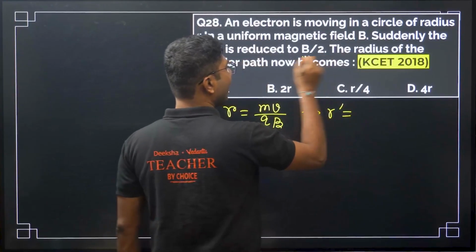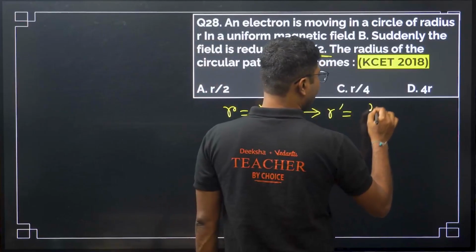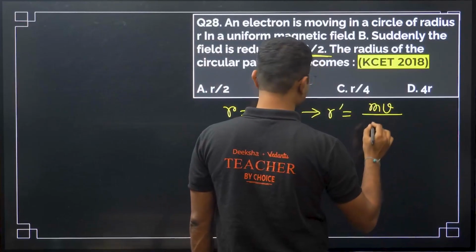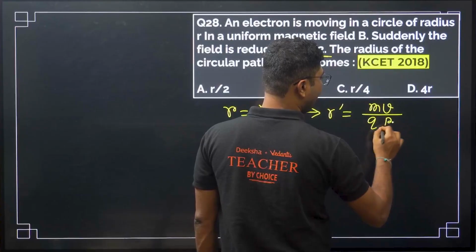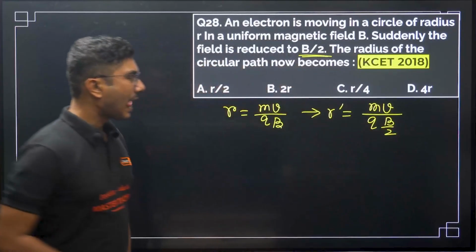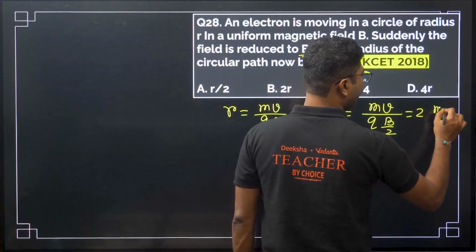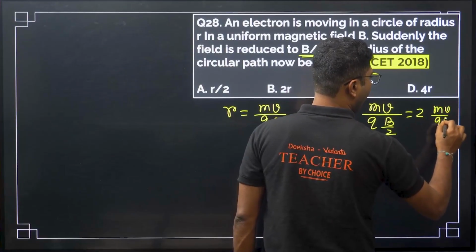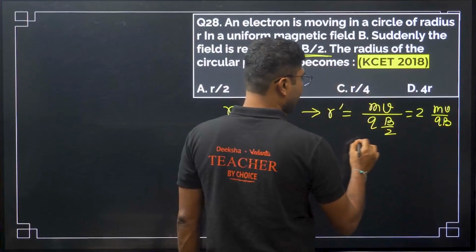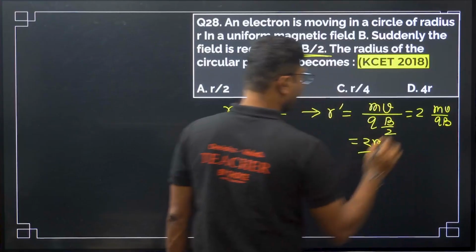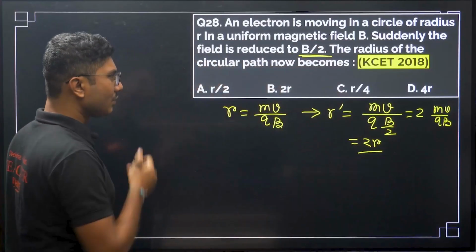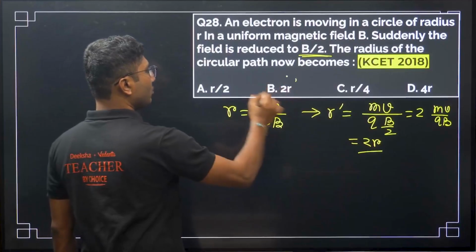So the new magnetic field is B by 2. So m is the same, velocity remains the same, the charge remains the same, but the magnetic field becomes half, right? So it will be 2 of mv by qB. This goes up, so that is 2 into r. So r dash is basically 2r, so the new radius will be 2r.